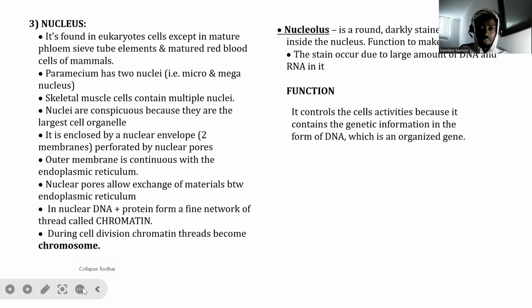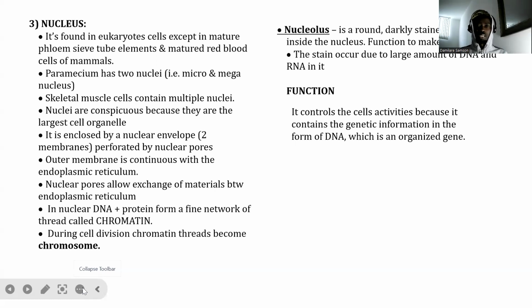It's found in eukaryotes except for phloem sieve tube elements and the mature red blood cells of mammals. What we are saying is where we cannot see the nucleus: the mature sieve tube element, you will not see it there, and also in mature red blood cells.